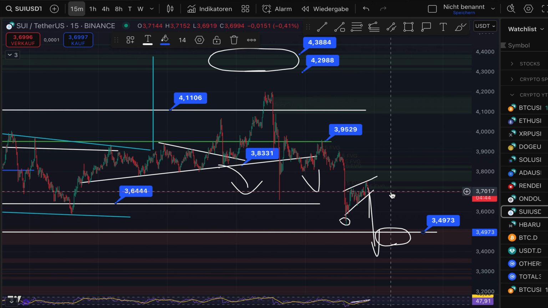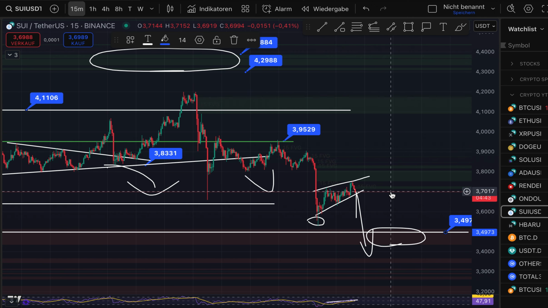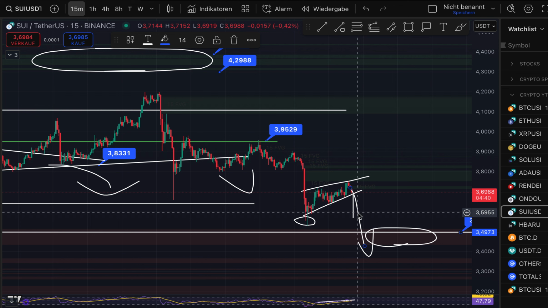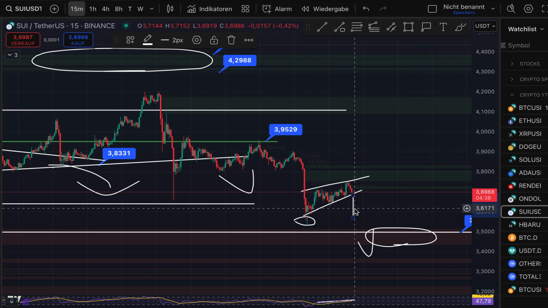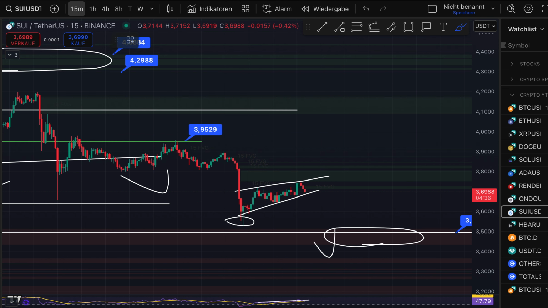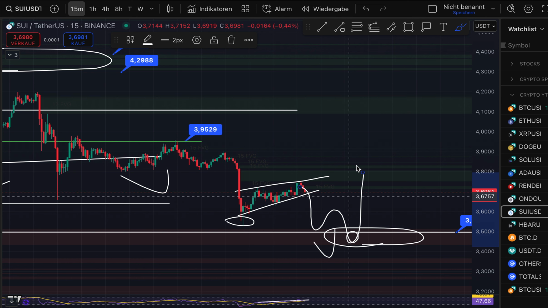It doesn't mean that we have to get support there perfectly. What we can also get is that we get into the $3.50, maybe we get support there, but then we wick into that fair value gap to close it and very fast buy up.